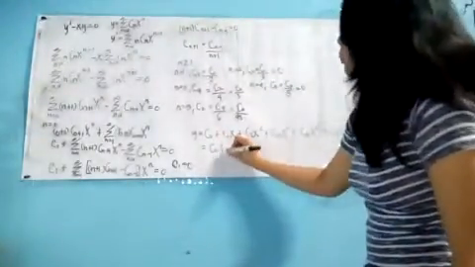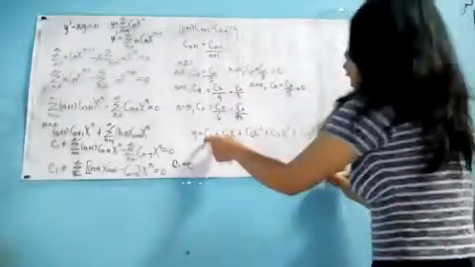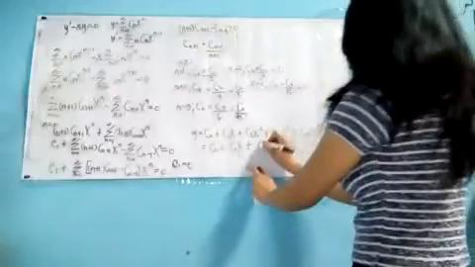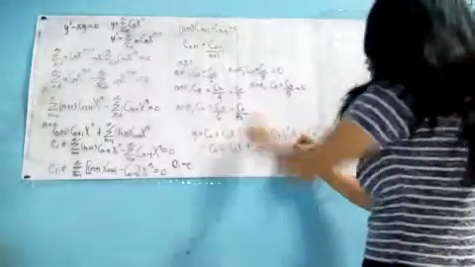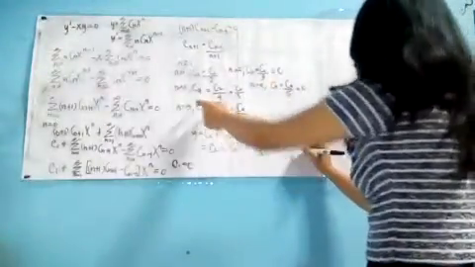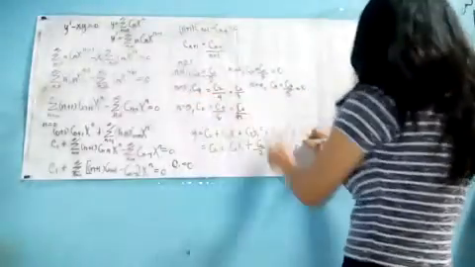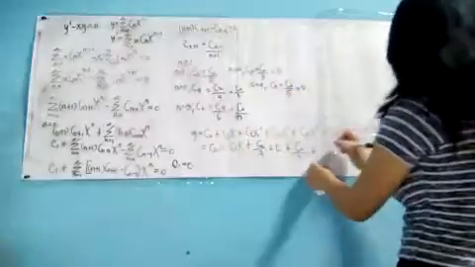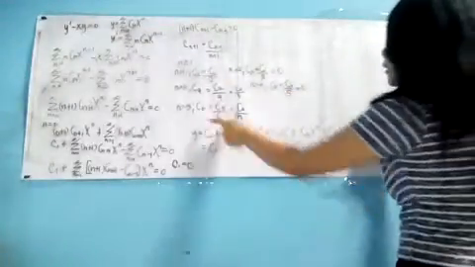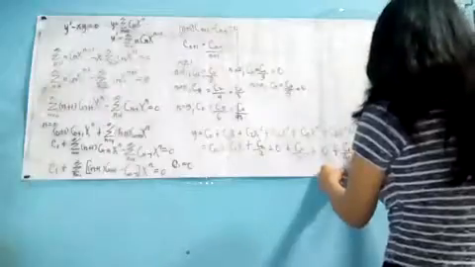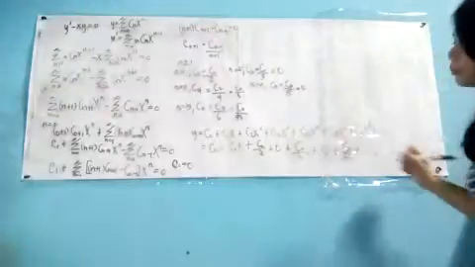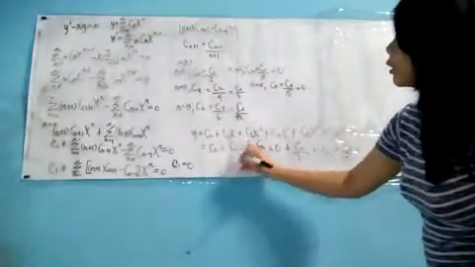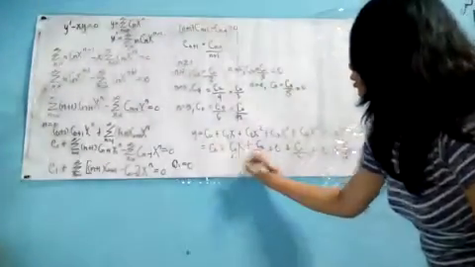It becomes c0 plus c1 x. Since we don't have a value for this, we just copy, plus c2, which is c0 over 2, plus our c3, which is 0, plus c4, which is c0 over 8, plus our c5, which is 0, plus our c6, which is c0 over 48, plus and so on. Our c1 is 0, so this term is 0 also.